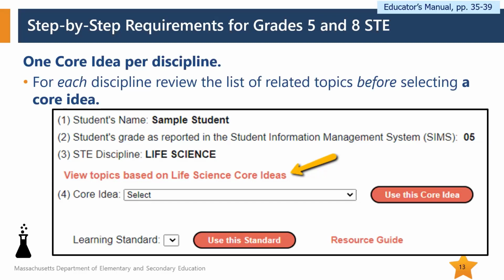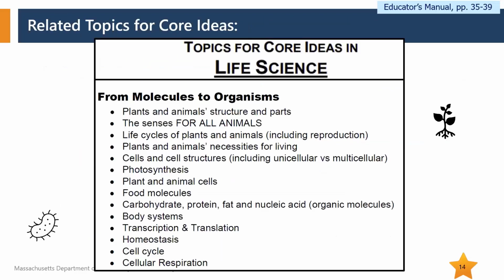And that way you will know, oh, this is what I want to teach. I want to teach something about plants. I want to do life cycles of the plant. When I look under molecules to organisms, that's the core idea, and that's a topic that I want to do. Then I know what I can choose.